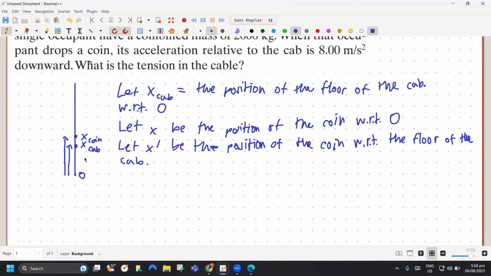Okay, ngayon, paano naman yung X prime? Anong arrow yun? So use a red arrow to represent the vector from the floor of the cab to the position of the coin. So i-mark mo dyan.